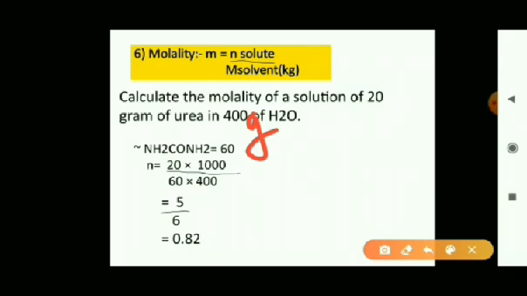Understand the question first. What we have to do is find the molality of a solution. And what is given here? 20 gram of urea in 400 gram of H2O.